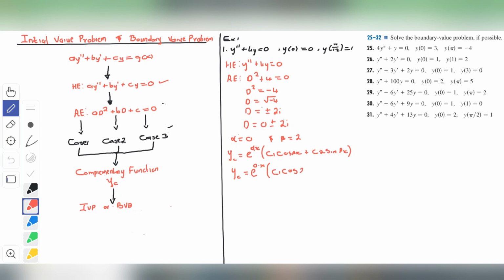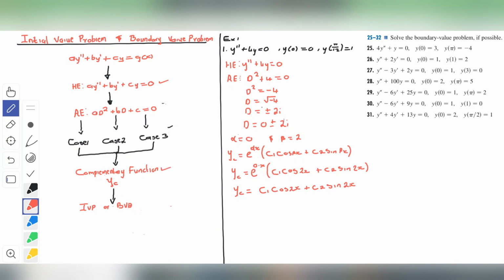Our beta is 2x plus C2 sine of beta, sine of 2x, right? Anything to the exponent of 0 is 1. So the answer is going to be C1 cosine of 2x plus C2 sine of 2x, right?